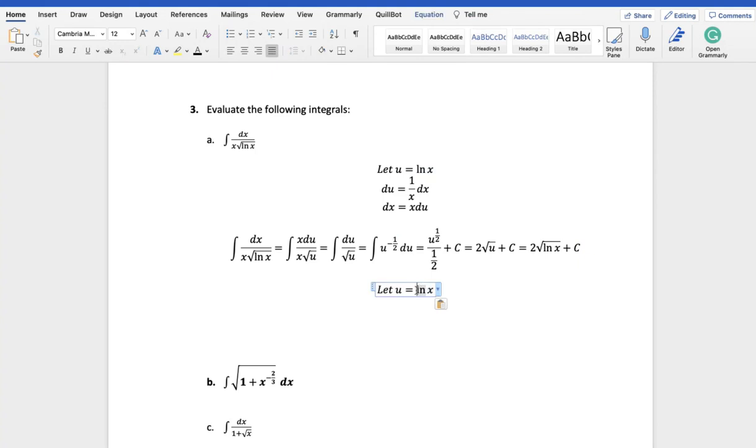Could you have used, for example, the u substitution of the square root of ln x? Or even could you have used the u substitution of x? Or could you have used the u substitution of x root ln x?